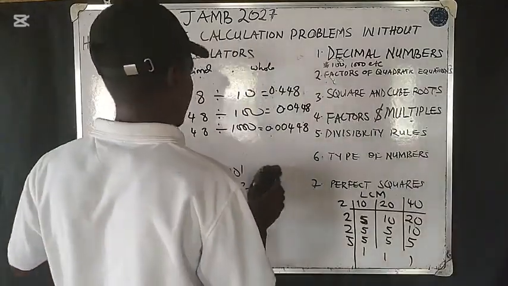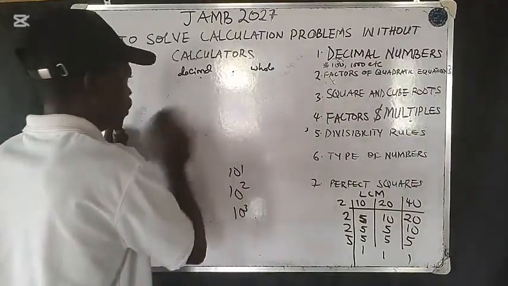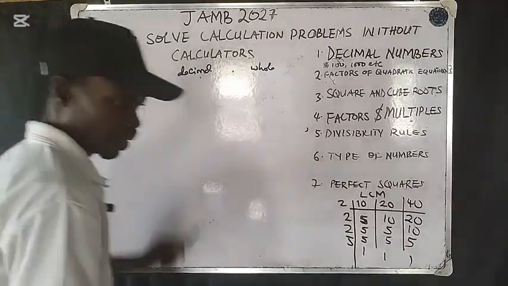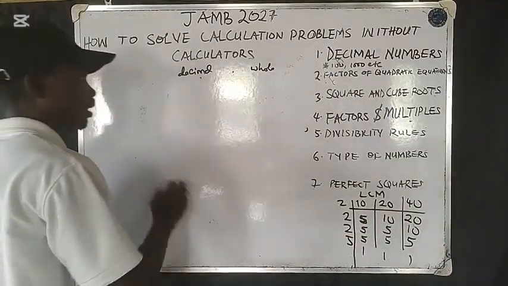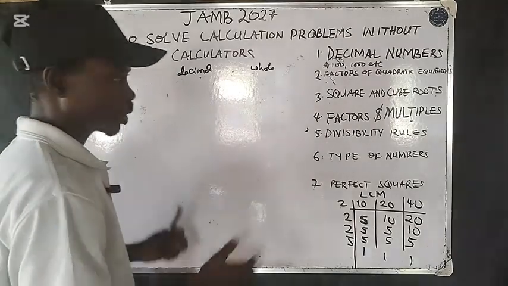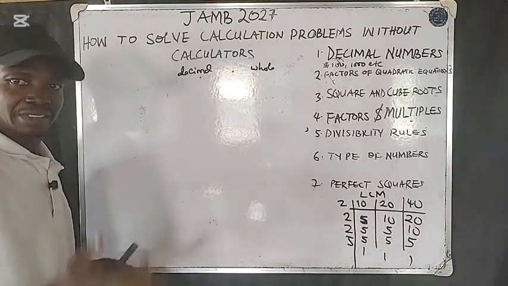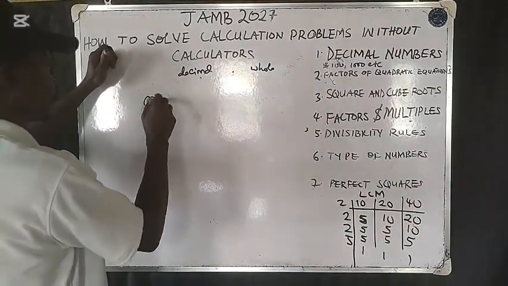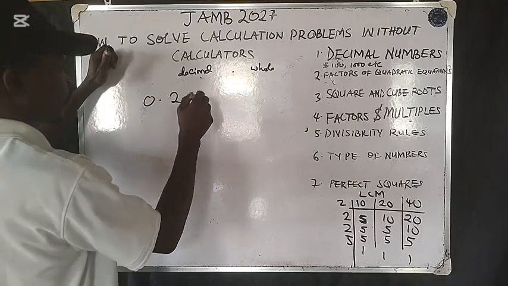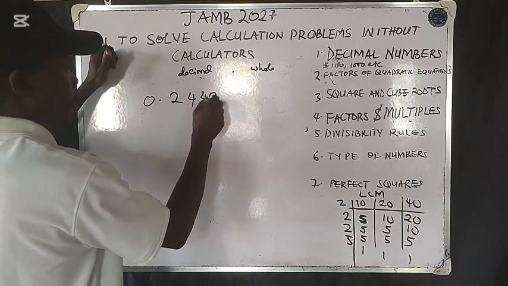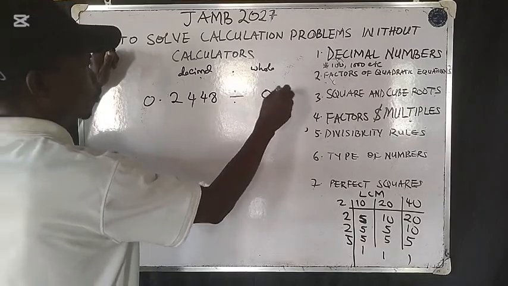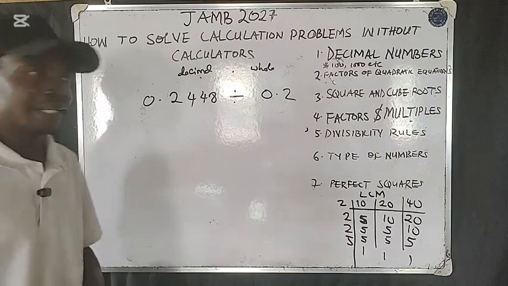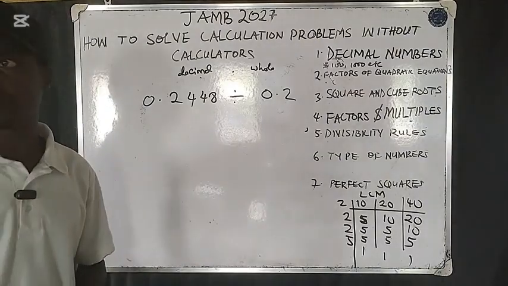Now, let's say we want to divide by a non-base 10 number, just as we multiplied by a non-base 10 number. We are dividing this by 0.2.